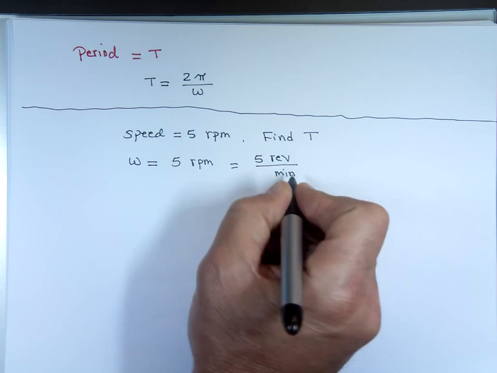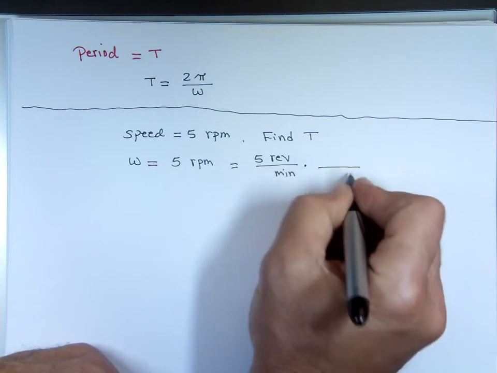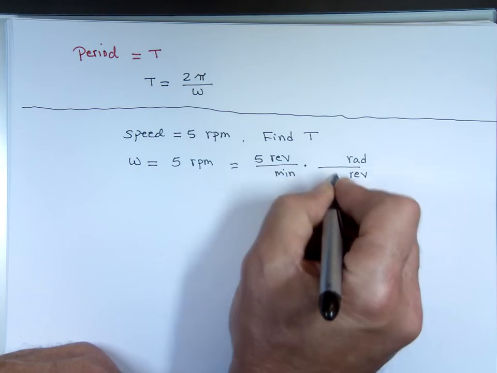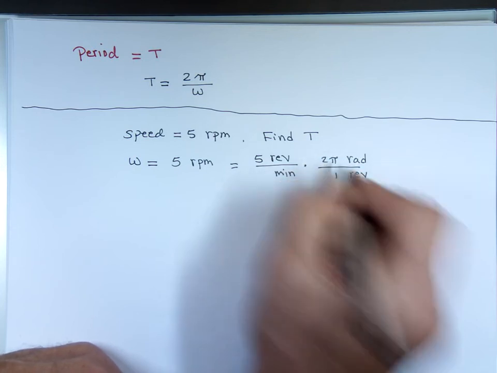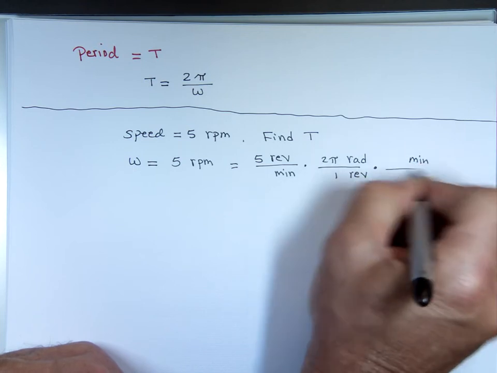So it's 5 revolutions per minute. That's what that means. A revolution has how many radians? 2 pi. And a minute has how many seconds? 60.